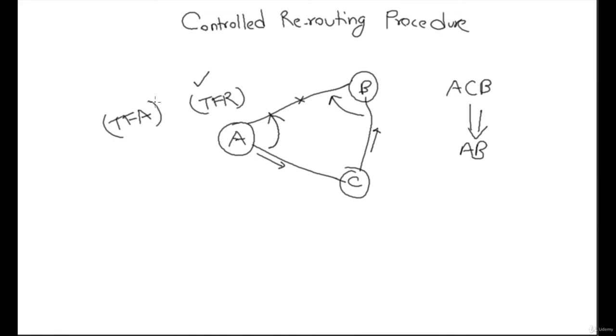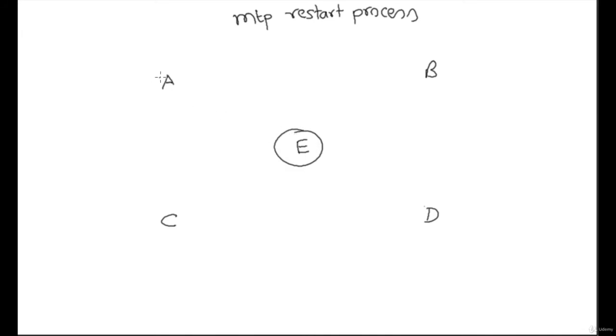So let me explain the MTP restart process. Let's suppose there are a couple of SS7 entities, and suddenly one more entity comes up, which was out of service.